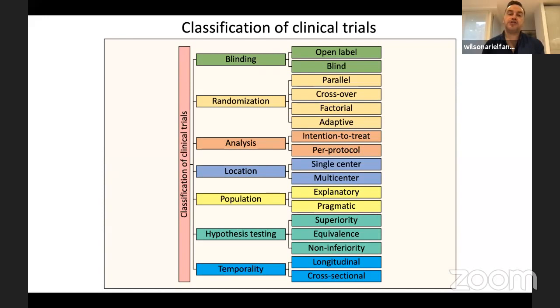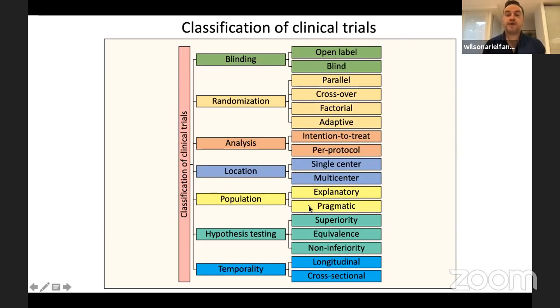In terms of location, you can conduct your clinical trial in a single center or in multiple centers, in which case it's a multi-center clinical trial. The population is important as well when you are trying to define a very specific population and avoid as much as possible confounders.